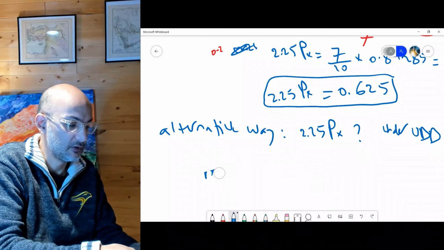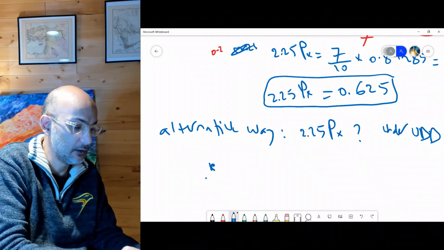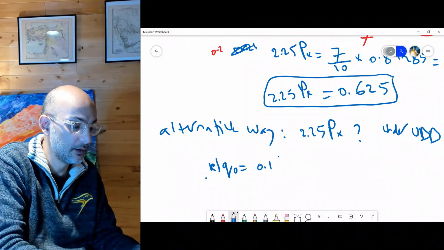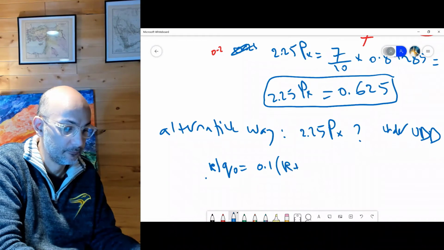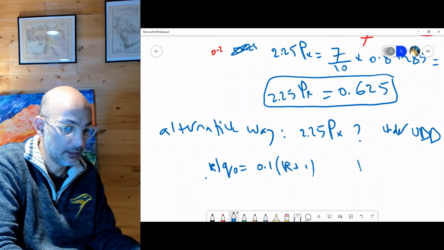Actually, yes, I remember. It was given to us that Q0 is equal to 0.1 multiplied by K plus 1, for K equals 0, 1, 2, 3, 4.